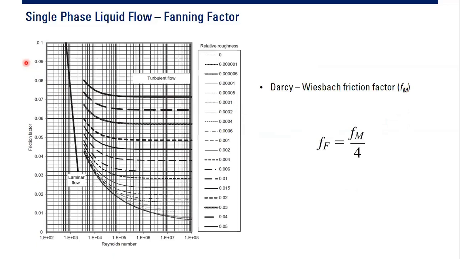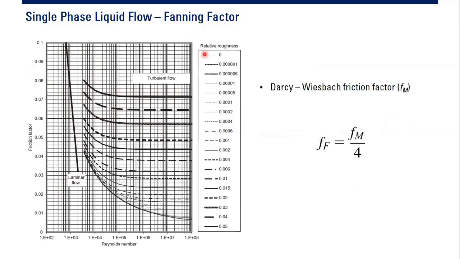To get the friction factor using this approach, we use this plot. If you have laminar flow, you will have a straight line like this, and in the turbulent flow regime, you will have this one. The friction factor will be strongly influenced by the relative roughness.